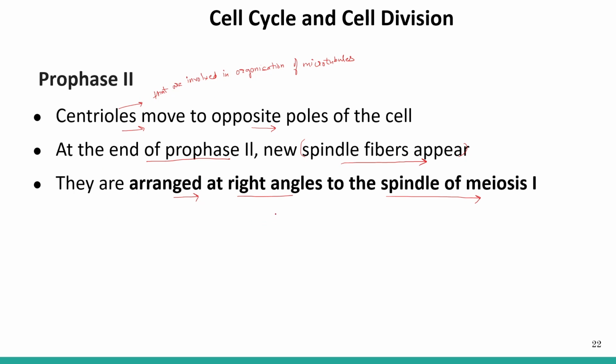If the spindle fibers in meiosis 1 were arranged like this, then in meiosis 2 they will be arranged at right angles, like this. This happens in meiosis 2.